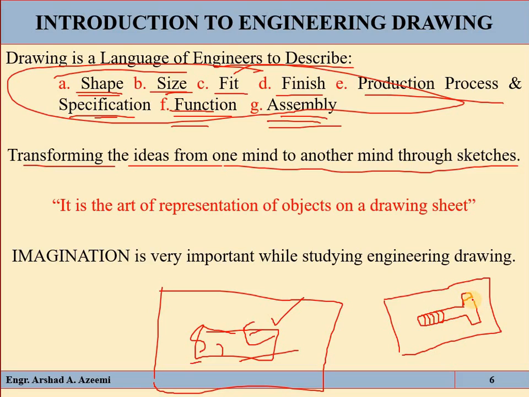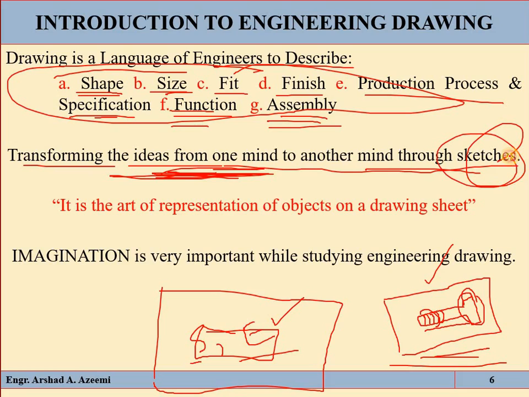In your mind you will have different ideas, for what purpose you are using it, from which material you will construct it, what the length will be, what the dimension of the head will be, what the dimension of the threads will be. Each and everything will be properly defined, and when you send it to the manufacturer, he will easily manufacture this product for you. So you have transformed the idea from your mind to someone else with the help of sketches. Engineering drawing is the art of representation of an object on a drawing sheet.